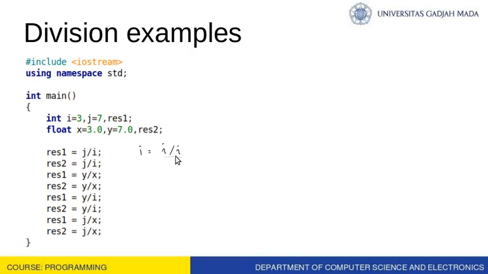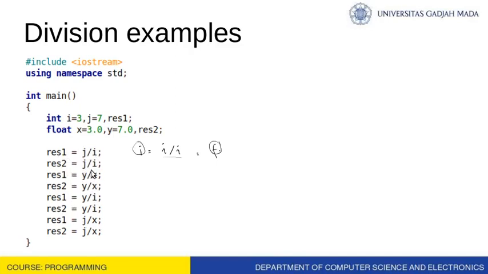Suppose integer divided by integer, it can be decimal, right? It will be a float. But if you store it in an integer, then it will be rounded. This result will be rounded into an integer. Okay, you can try this program on your computer.